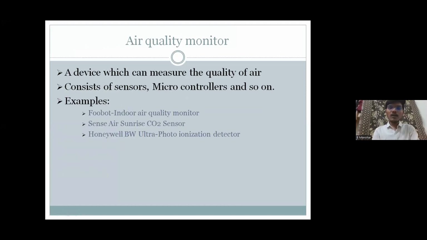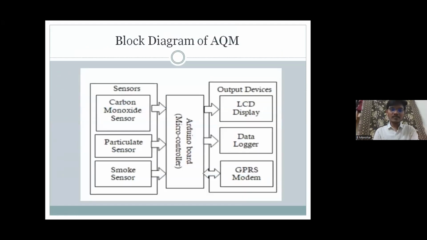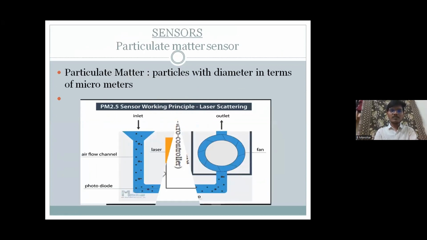Okay, coming to the components of the air quality monitor, which include sensors. Most air quality monitors include some common sensors like particulate matter sensors, carbon dioxide sensors, and VOC, that means volatile organic compound sensors.